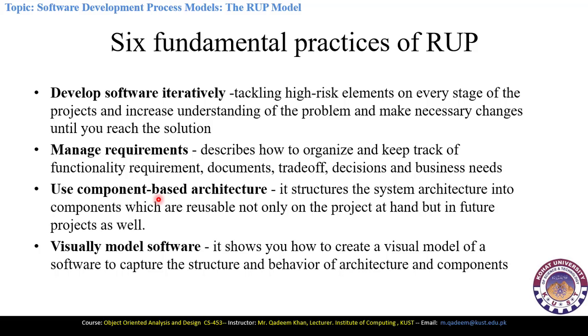So this helps us to structure the system architecture into multiple components, and these components will be reusable as well, which means that we can also reuse existing components in our system. So these components will not only be reusable, but also at hand in future projects where these components can be used here.